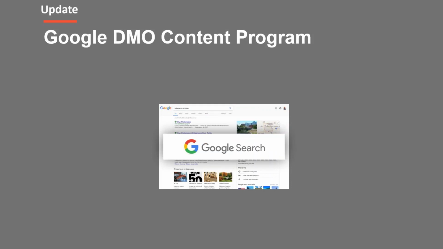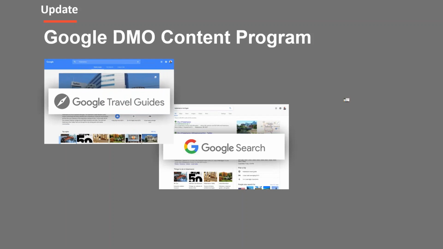So I just want to give everybody a quick update on a very important initiative we've been working on for some time, which is the Google DMO content program. So this started from search, but it provides a way. It was launched officially. We ran a workshop with Google at the Destinations International Annual Convention in Montreal, and that highlighted a range of techniques and approaches how destinations can review, update, and contribute additional content across the Google ecosystem.